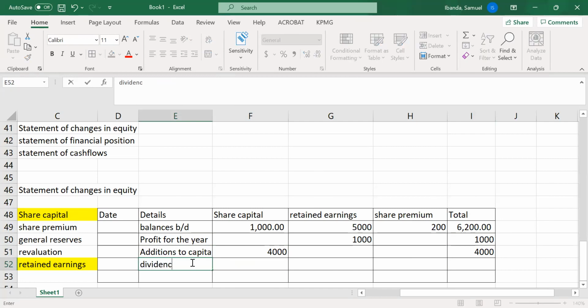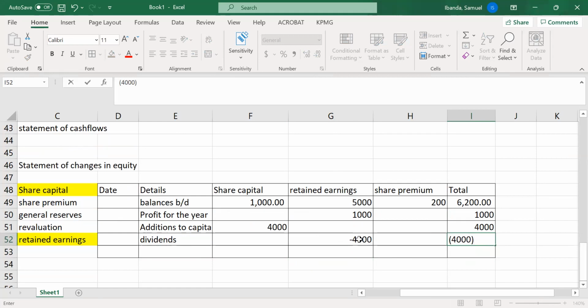Dividends are given off the retained earnings because you've included your profit here, so the dividends are supposed to be removed from here. Let's say the dividends are maybe 4,000. You put them there as a negative because they reduce. So this will be negative 4,000, even on this side, because that's how the column is, and you'll be able to get the difference.